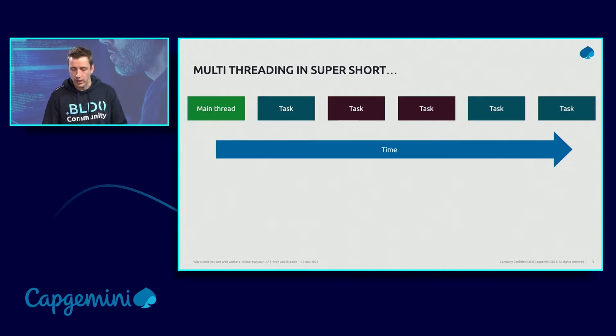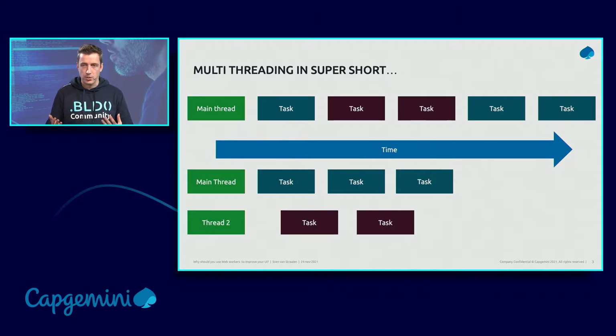With multi-threading, not to make it complex, you can add an extra thread that does some computing. Take, for example, this task in purple, which is quite heavy. We could move it to a second thread. In Java, C and Python, these things are quite well known, and there you can even have shared variables between them. Here I'm going to tell you how you can achieve something like this in JavaScript.